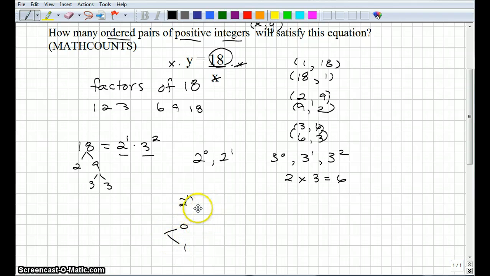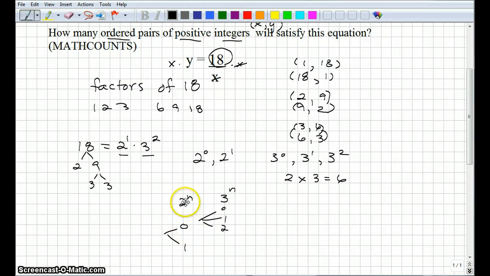And then let's choose the exponent on 3, and we can choose that to be 0, 1, or 2.